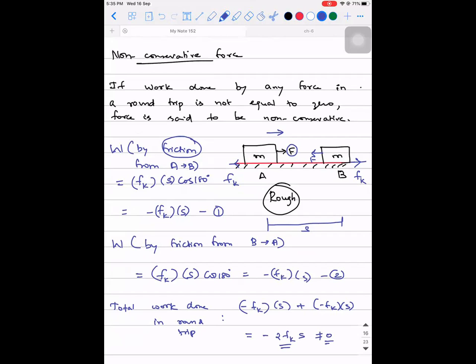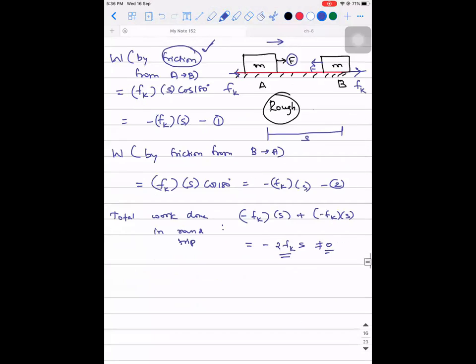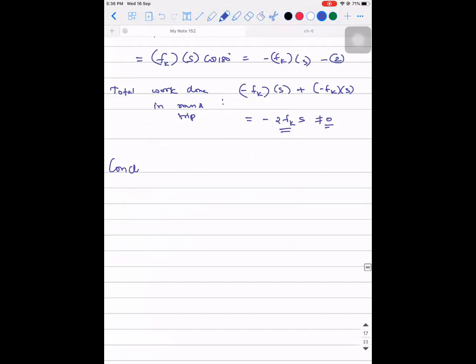Are you guys able to understand this point? So here the work done by which force did we try to calculate? Frictional force. So since the work done by the frictional force in a round trip is not equal to 0, what is the conclusion? The force is not conservative.